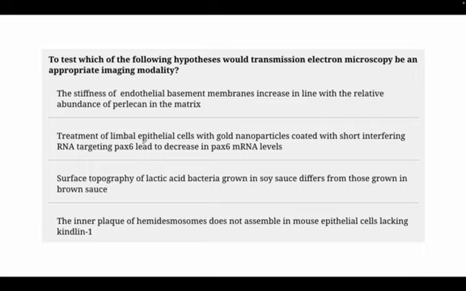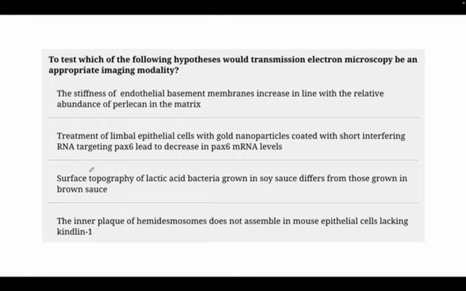So when we want to look at, say, differences in cell organelles or something like that, transmission electron microscopy might be an appropriate choice.